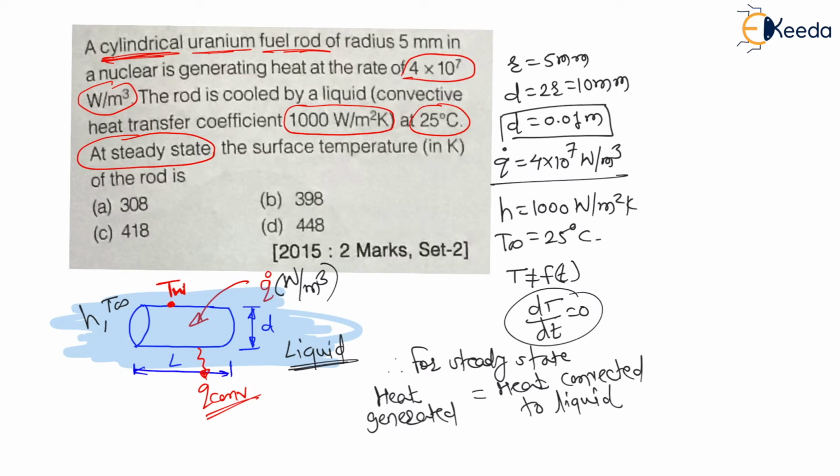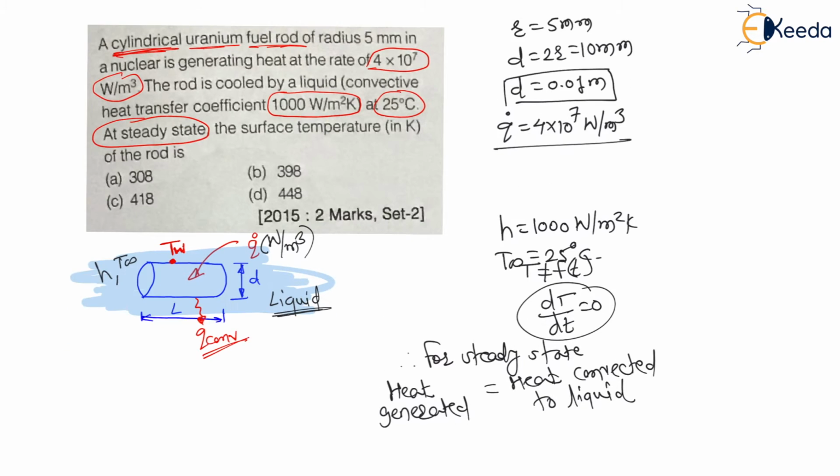So my dear students, let us write down here. If I write down this steady state condition, the heat generated is q dot into volume, equal to the heat convected, which is hA (T wall minus T infinity), right? So let us equate them.